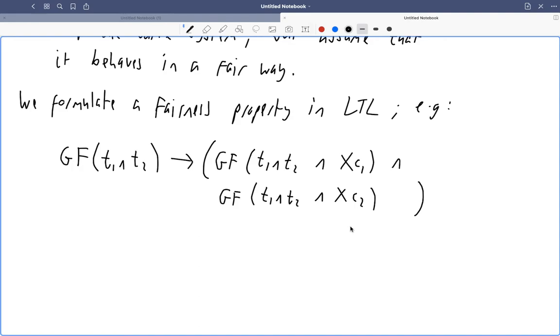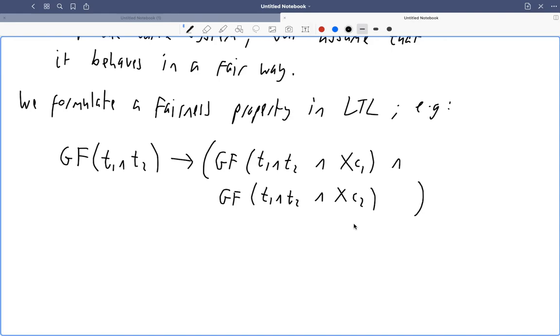Another way of saying that is, if we have a run in which infinitely often we're in a state in which T1 and T2 are both trying for the resource at the same time, then in infinitely many of those cases, C1 is granted the resource, and in infinitely many other cases, C2 is granted the resource. So that's a very strong fairness property, and that fairness property implies liveness.